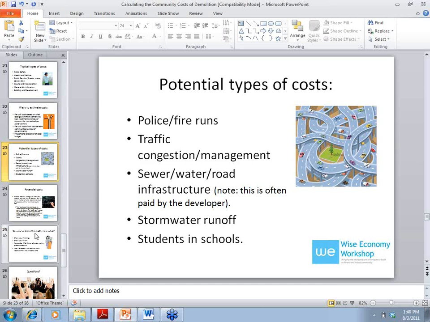So obviously an office building with 10 people working in it will probably generate a lot fewer fire runs and police runs than an office building with 100 people in it. One of the really interesting costs, especially if you're dealing with a residential issue, is the cost of students in schools. Again, your local government may not directly be responsible for that, but increasingly they're going to care about that.